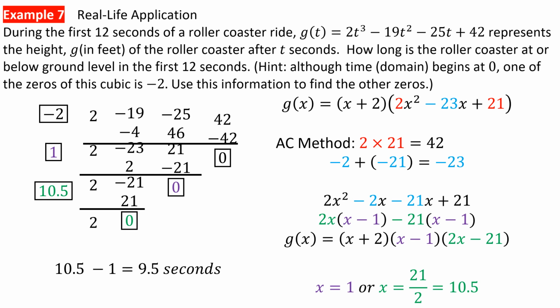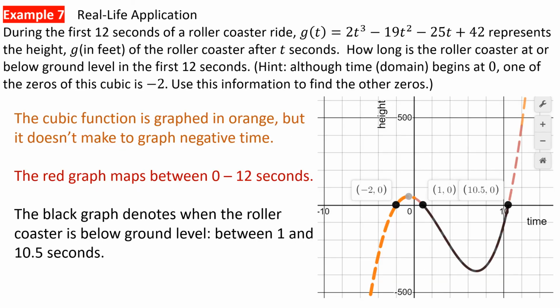How long were we below ground level? 9.5 seconds. To get a quick look at this, you can see the function over on the right. The cubic function actually goes from negative to positive infinity, but we know the roller coaster doesn't. The roller coaster goes from 0 to whenever it ends in terms of time.